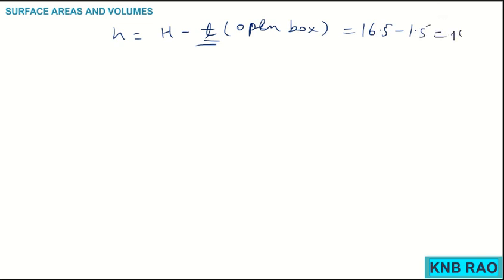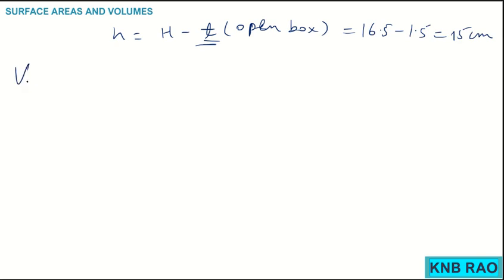So, h is capital H minus 1 time t, since the box is open. When the box is open, there will be no top, so I have only the bottom one time thickness to be subtracted. So, 16.5 minus 1.5 gives 15 centimeter.